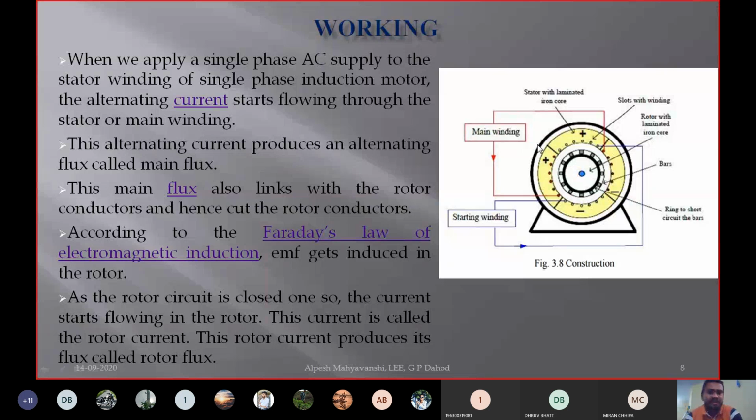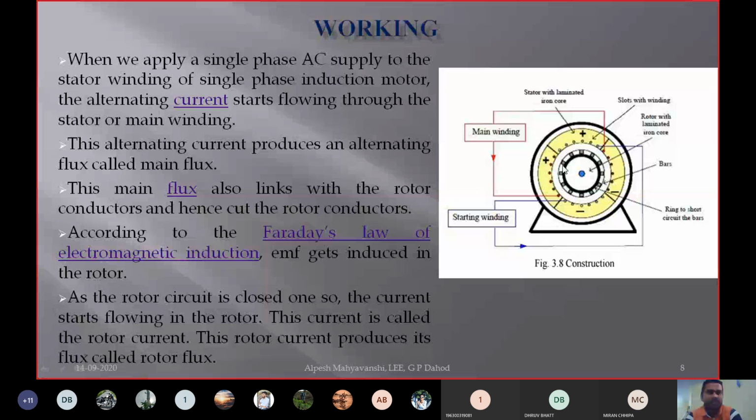As the single phase AC supply is given to the stator winding, current flows through it. This current is of alternating type, so an alternating flux is produced, which is called the main flux. This main flux links with and cuts the rotor conductors. According to Faraday's laws of electromagnetic induction, EMF is generated in the rotor conductors.